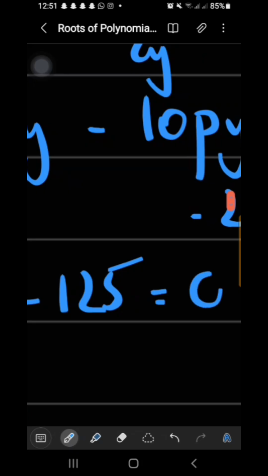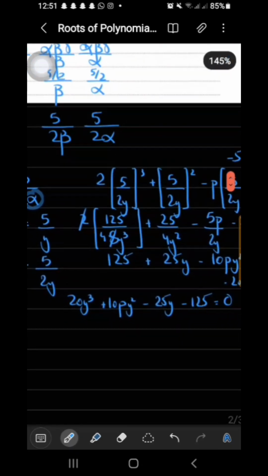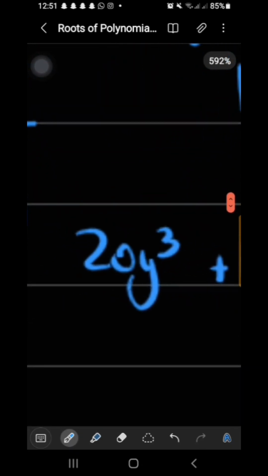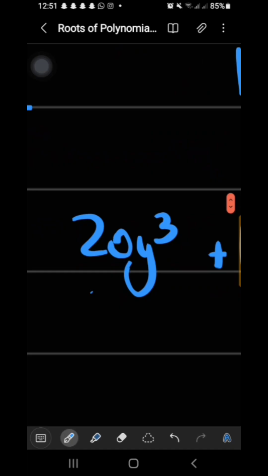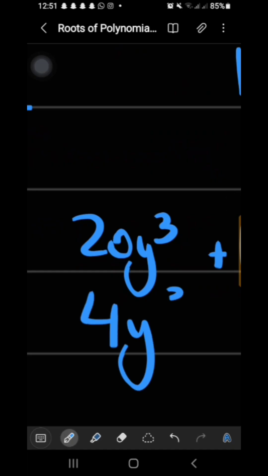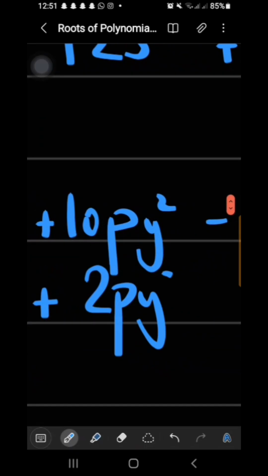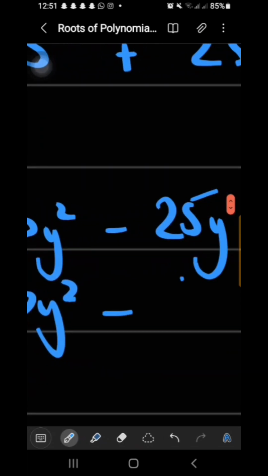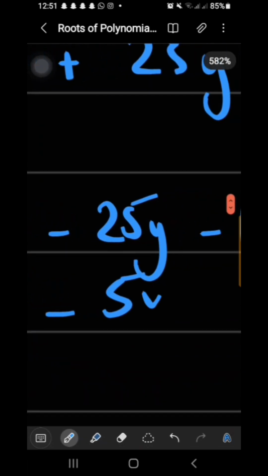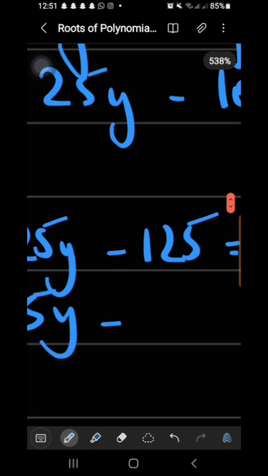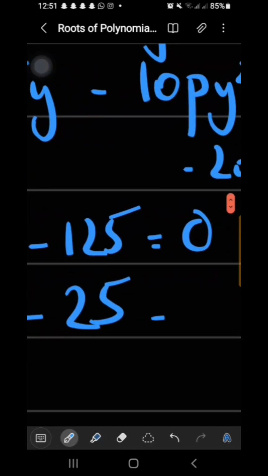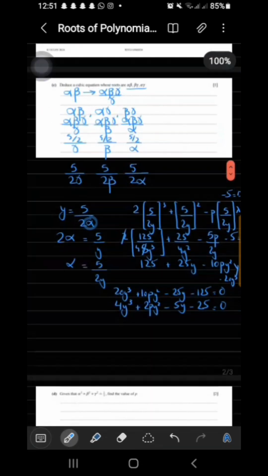But still we can take a common factor, which can be 5. If we take 5 common, it will become 4y cube, 2py square, 5y, and 25. So that's our equation, that's our final answer.